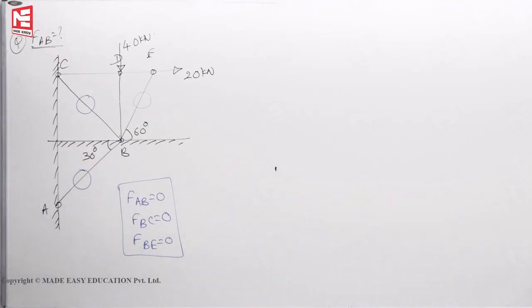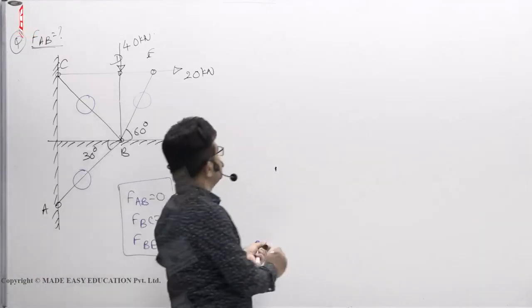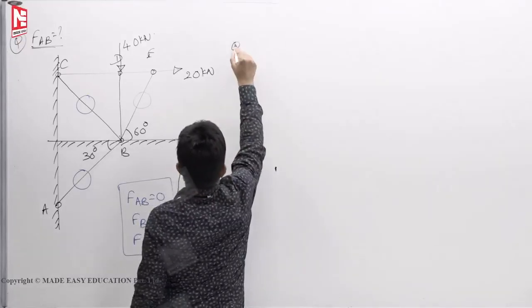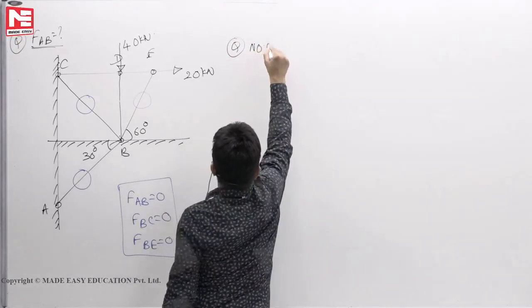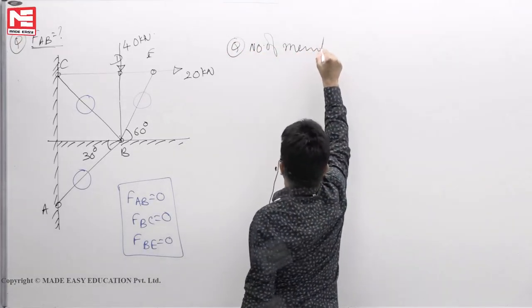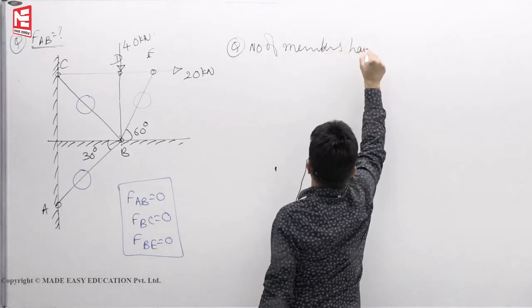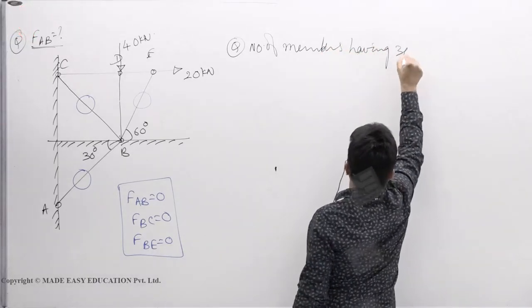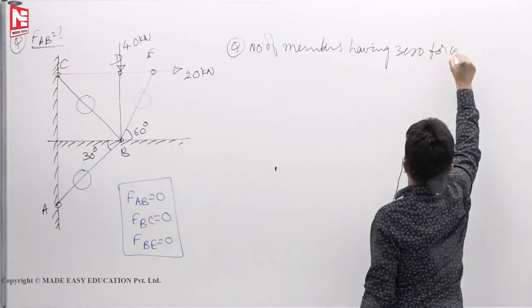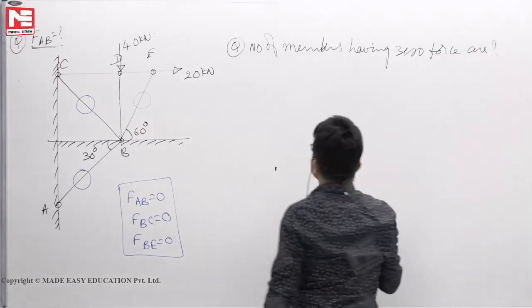Okay, next one. Supposing that they ask you a question like this, say, number of members having 0 force are.